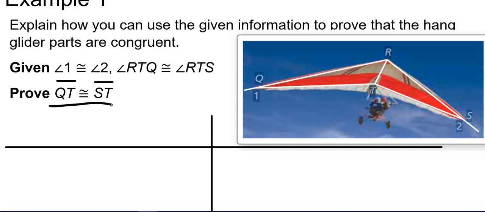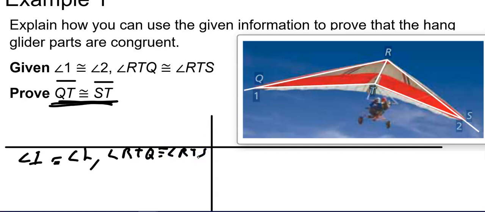So the last two lines of any of these proofs are going to be the triangles are congruent by HL or SAS or SSS, something like that. And the last line will be this, and we'll say CPCTC. So let's do it. So we're given, based on this drawing, angle 1 is congruent to angle 2. We're also given that angle RTQ is congruent to angle RTS.